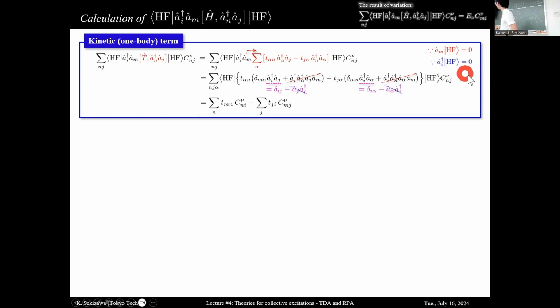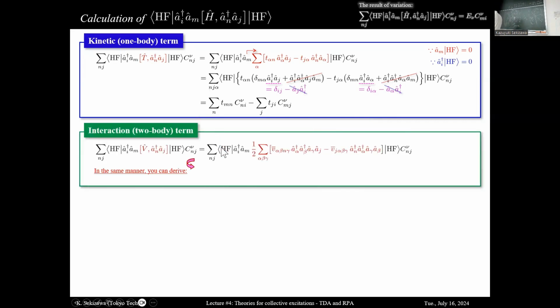And for the hole state, since those are already occupied states, the creation of the hole state gives 0. So you can use this relation to eliminate the creation and annihilation operators, and this is the result. You can repeat these kinds of calculations. It is a bit lengthy, but straightforward, so you can repeat it in a similar way and get this result.